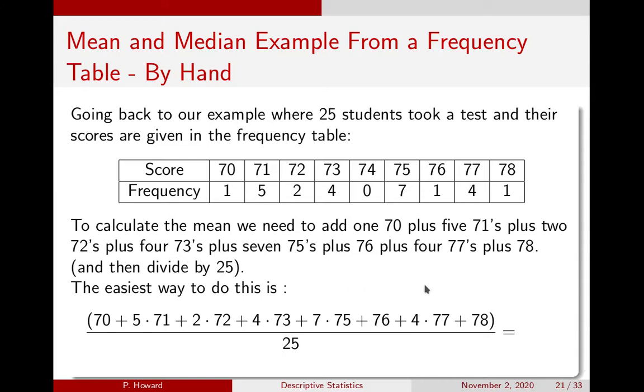And when I do this calculation, I get 1,848 in the numerator. I'm dividing by 25. I have rounded off to the nearest tenth. 73.9 is the mean or average of the test scores.